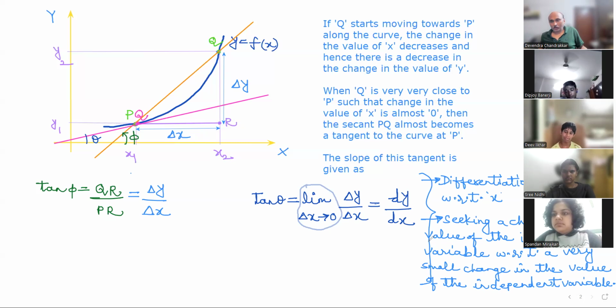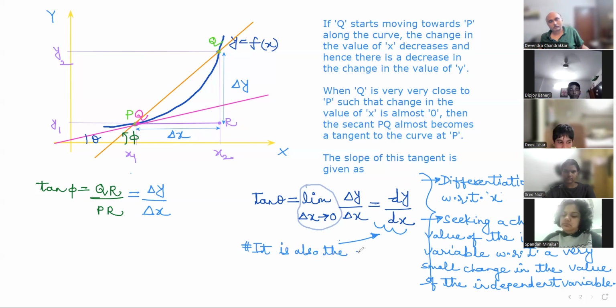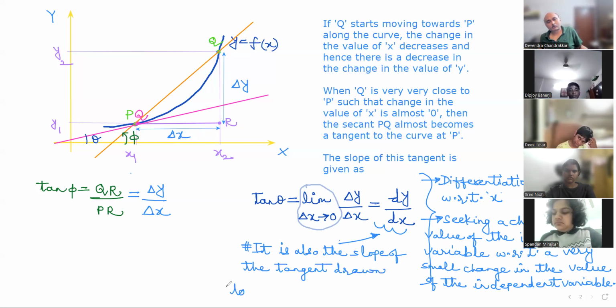And there is one more explanation. It is also the slope of the tangent drawn to the y equals f(x) graph.